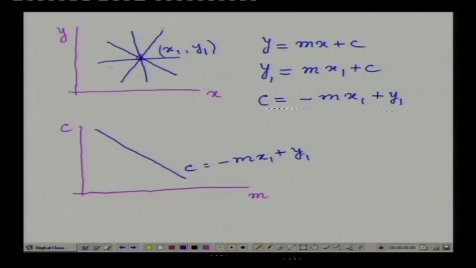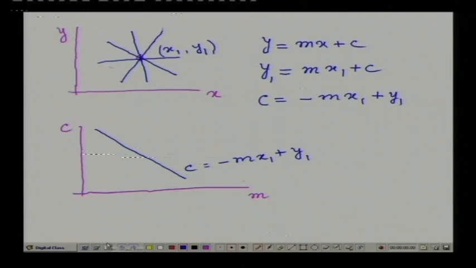And this is the basis of the Hough transformation, by using which we can link the different edge points present in the image domain, which is nothing but the spatial domain, or our x y plane. Now let us see what happens if I have 2 points in our spatial domain.